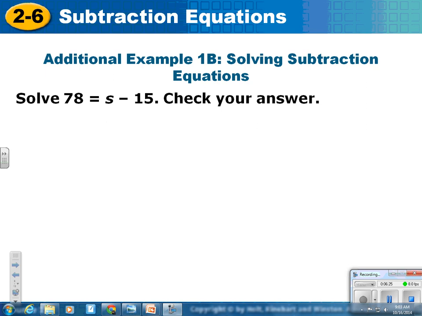Remember, with subtraction, order always matters. Always. So if you decided that you wanted to, for some reason, flip this around and go s minus 15 equals 78, that's fine. That's fine. But don't, by no means, do this.